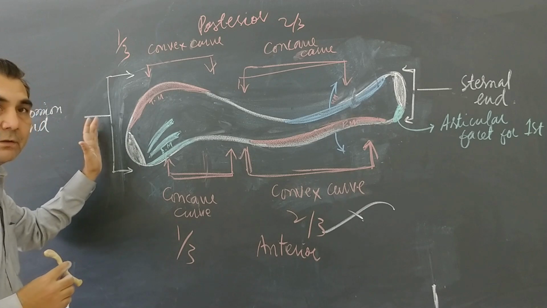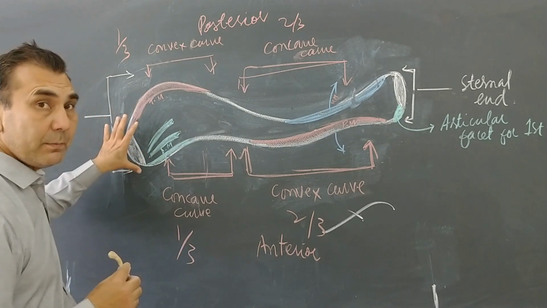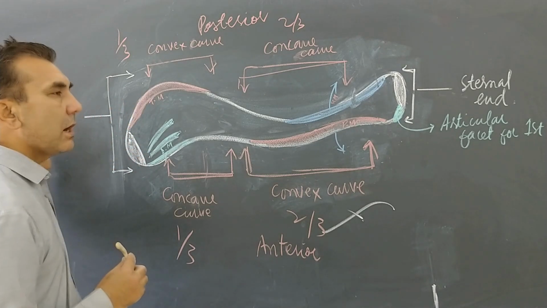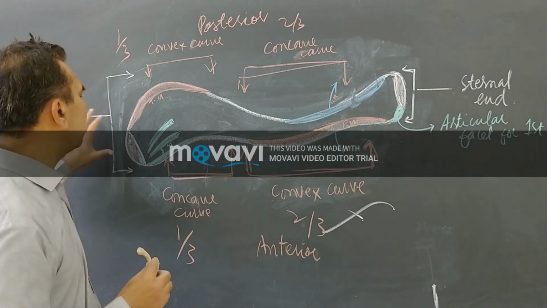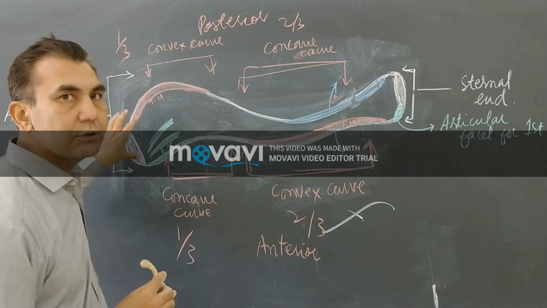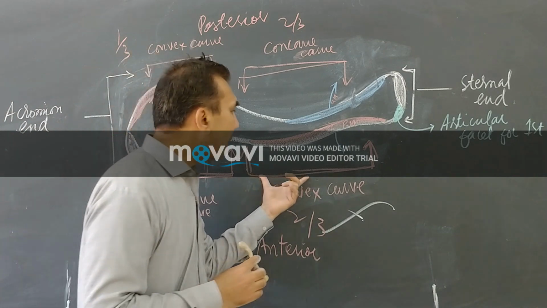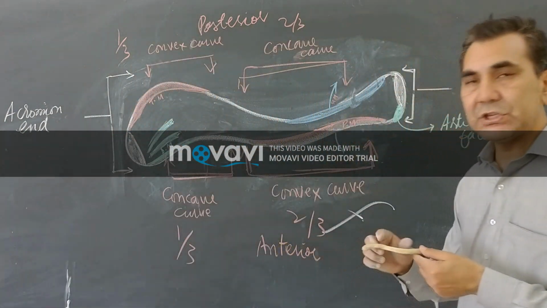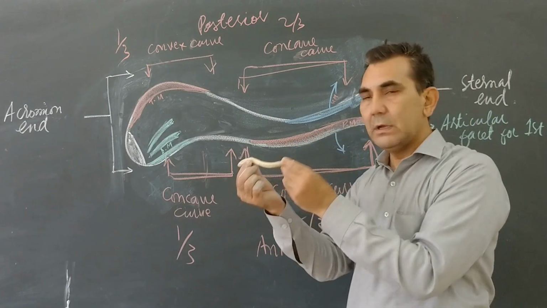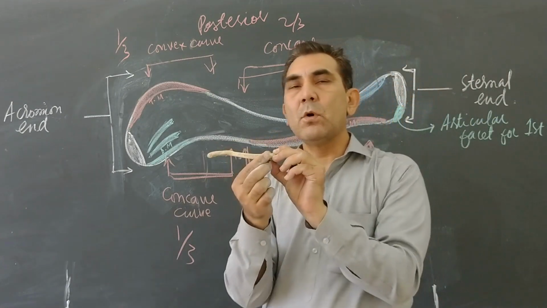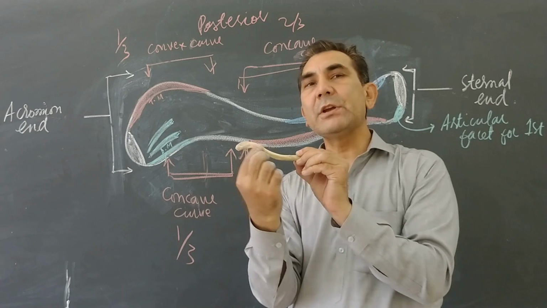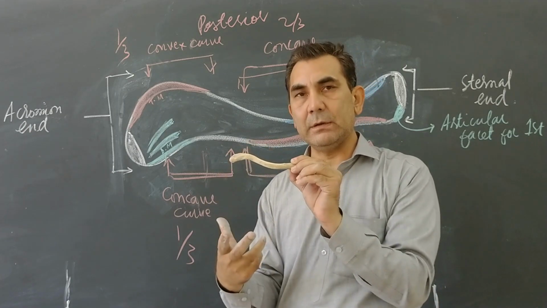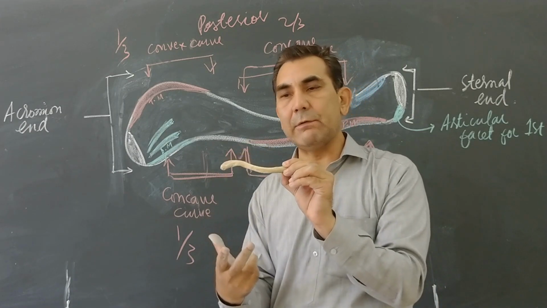The other end is flattened and broader in shape. This is called the acromion end of the clavicle, which makes the acromioclavicular joint. Now the two-thirds portion of the clavicle, in the middle of the shaft of the bone, is more curved in shape.